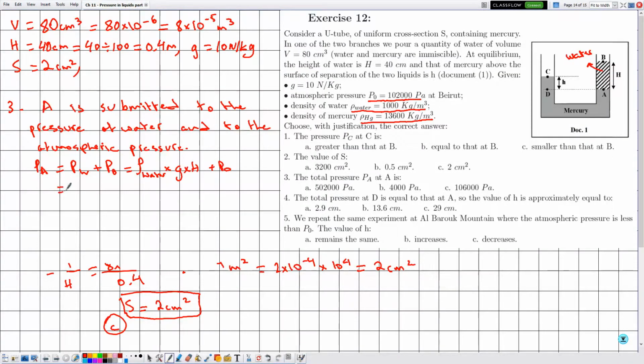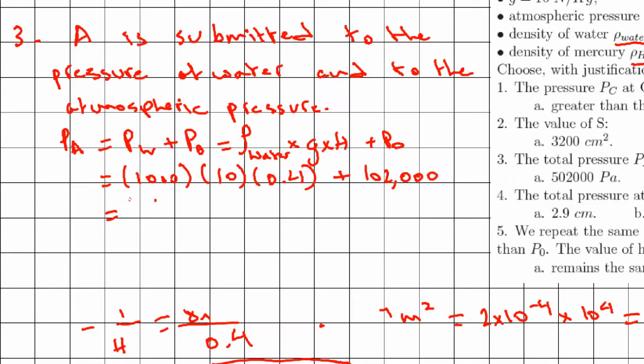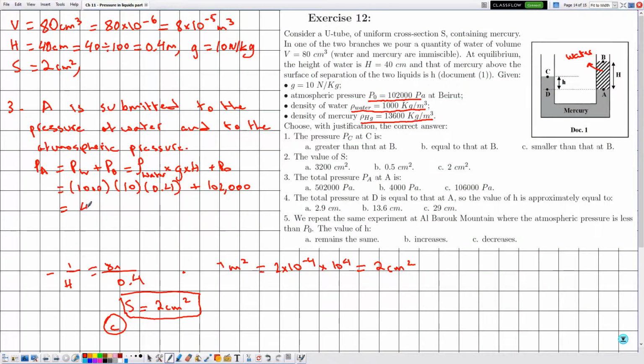The value of the density of water is given by 1000. The value of G is given by 10. The value of H is given by 0.4 from here. Plus the numerical value of P0, which is given by 102,000. Now plugging this expression into the calculator, it's 4,000 plus 102,000.